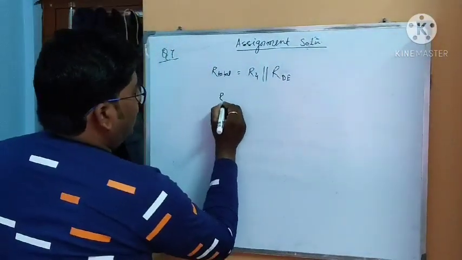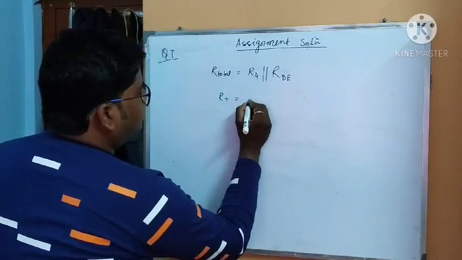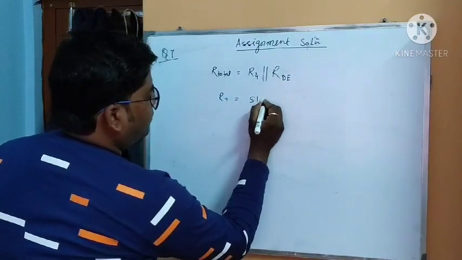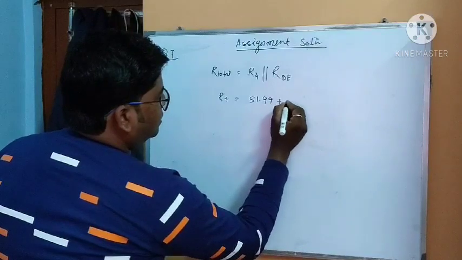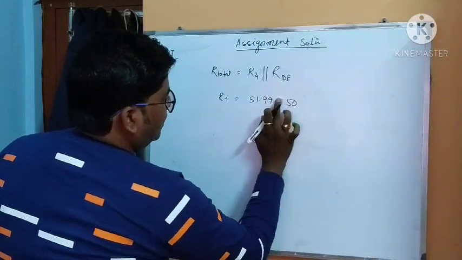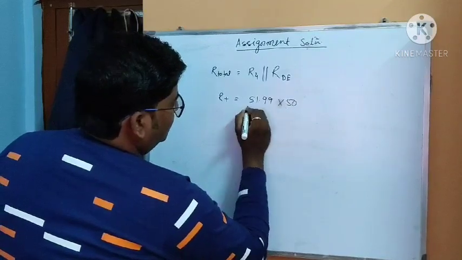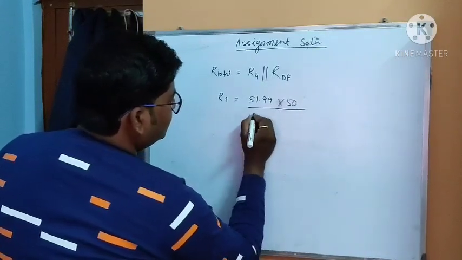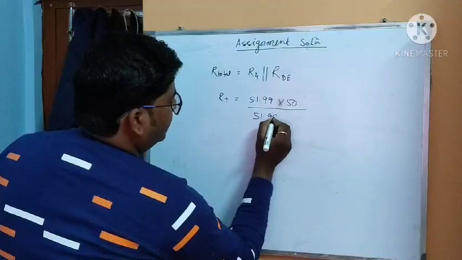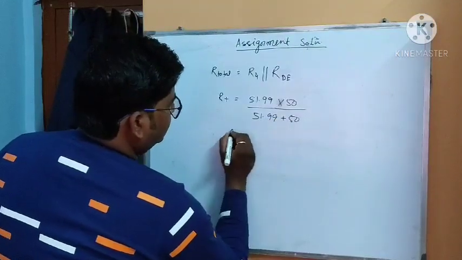So R total is equal to R4, which we calculated as 51.99, into 50 ohm. Sorry, this is parallel, so not plus, so into, divided by 51.99 plus 50.